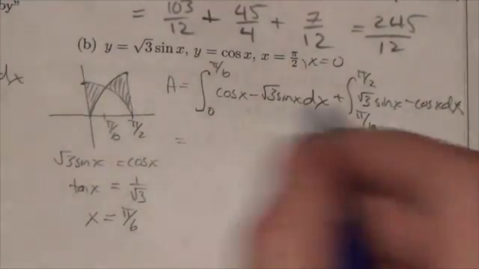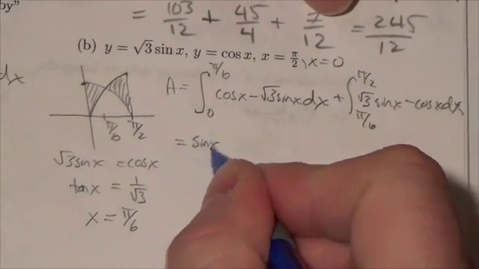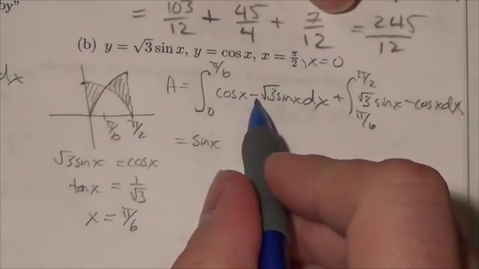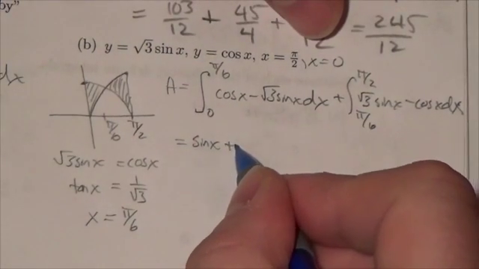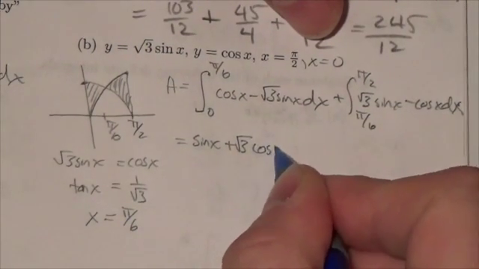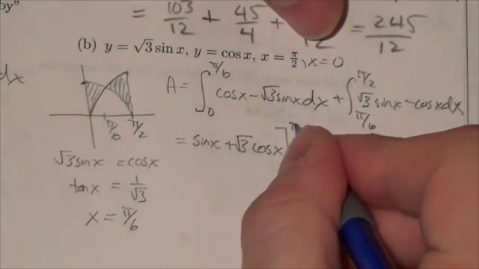Okay, now we can simply do this. The integral of cosine is going to be the sine of x. The integral of negative root 3 sine of x is going to be positive root 3 cosine of x, and we will evaluate that between 0 and pi over 6.